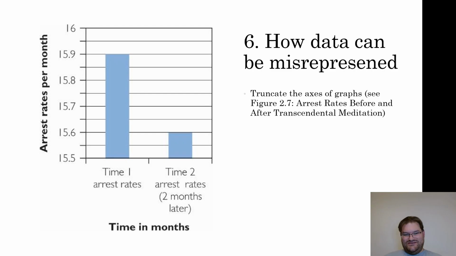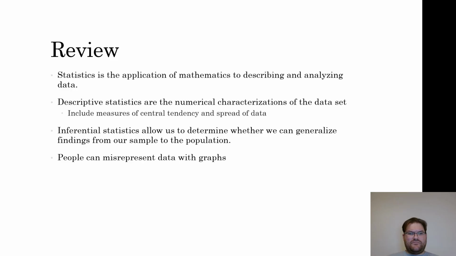These differences suggest that it probably didn't. I mean, a difference of 0.3 could have been due to chance, could have been due to anything, could have just been a fluke, right? So make sure you're looking at the graphs and you're investigating them skeptically, and you're looking at how the data are plotted, how they are being represented.